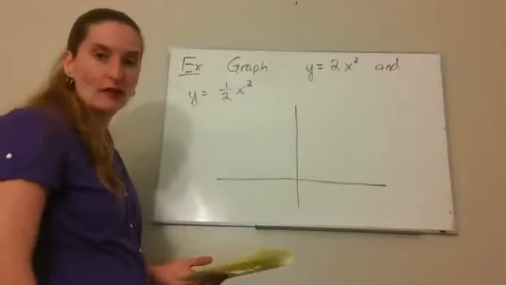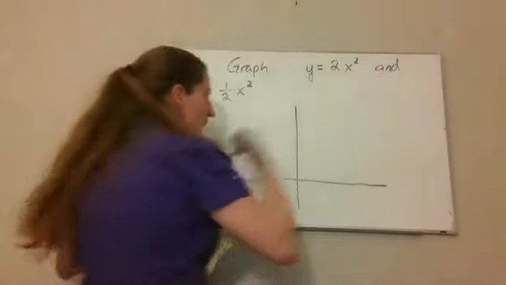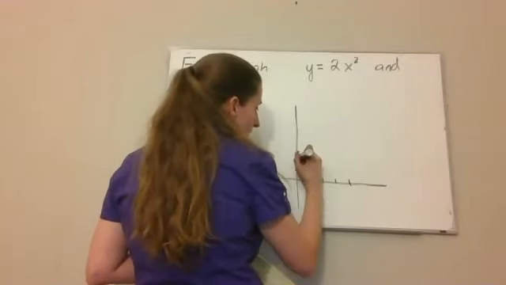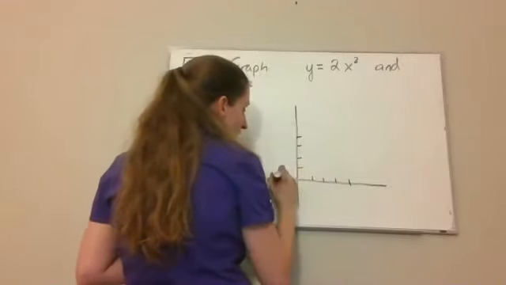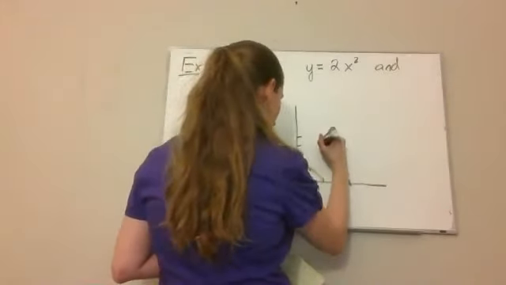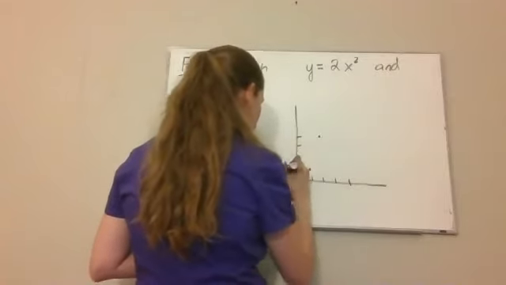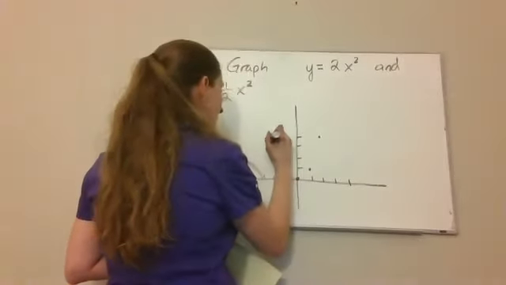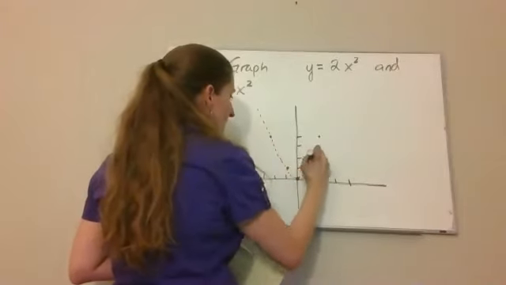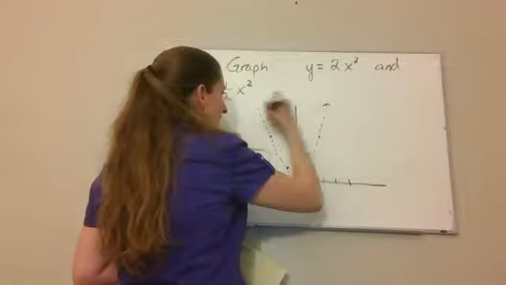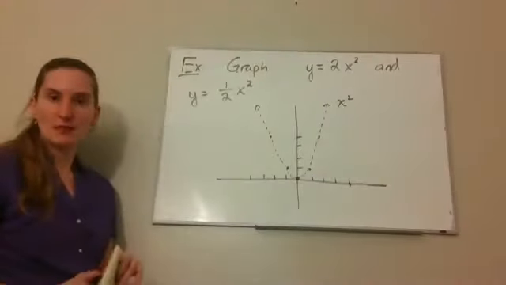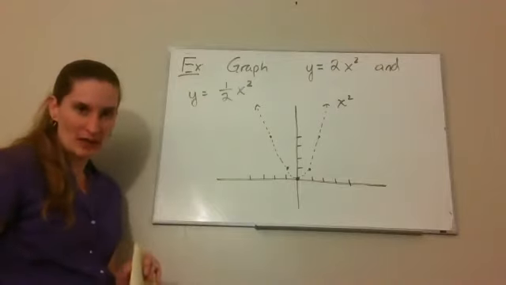We know that that looks like a parabola. So let me just get our basic parabola up here. This is just x squared. And so we're going to graph both 2 times x squared and 1/2 times x squared.